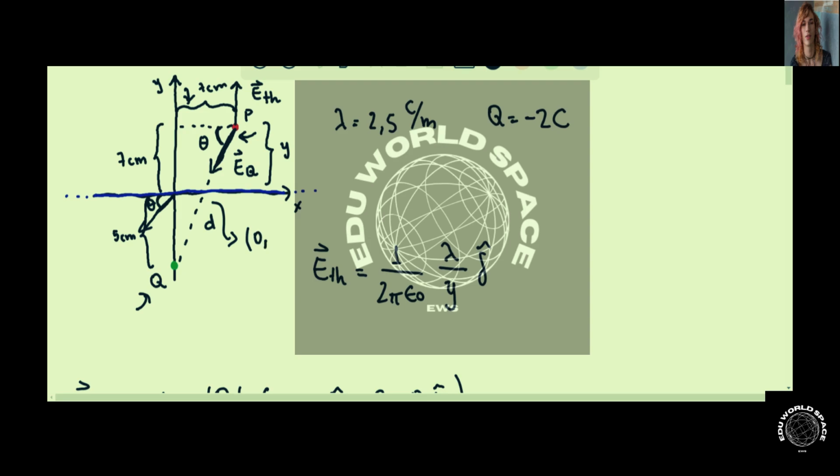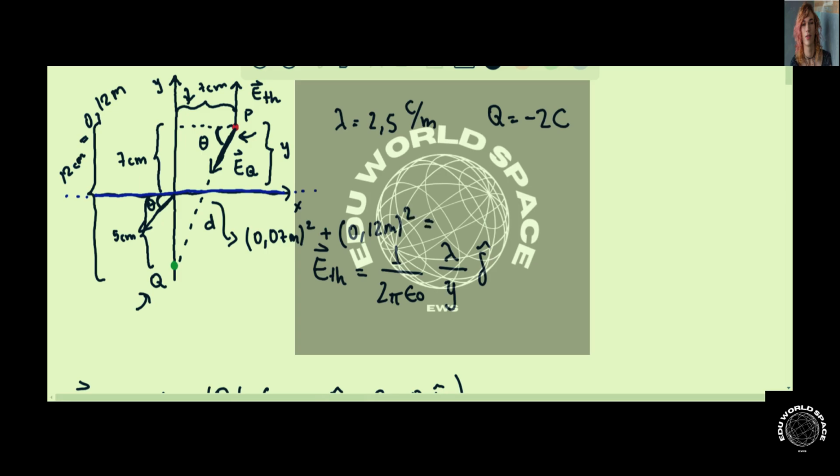It will be 0.07 meters squared, which is 7 centimeters in meters, plus this side, which is 5 centimeters plus 7 centimeters. That's 12 centimeters, which in meters is 0.12 meters, squared.